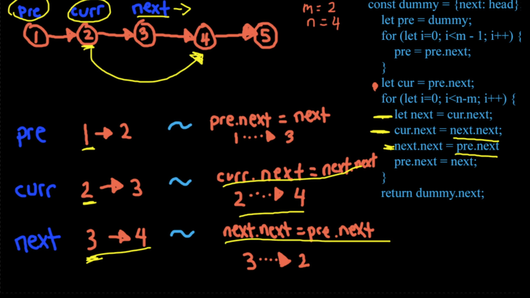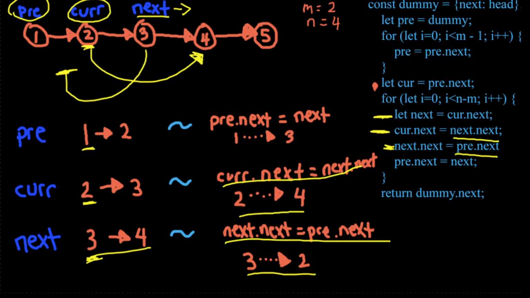This basically means move next to point to the same thing that's being pointed to by pre, right? That's how you know that you can move this third node into this spot right here. So you have number 3 pointing to number 2, right? Number 3 pointing to number 2.